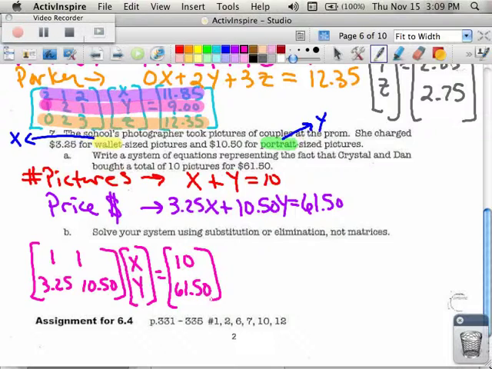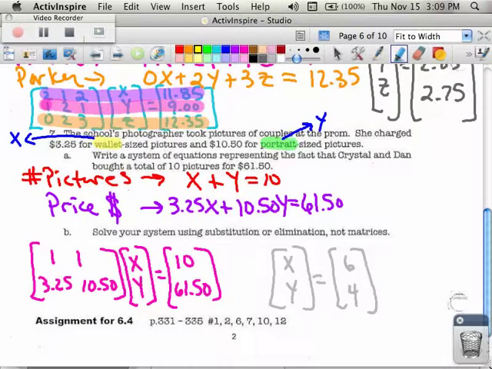And then if we solve this by putting this in your calculator, we're back to the 2 by 2 matrix and the 2 by 1 matrix, and what you end up finding out is that your x and your y are 6 and 4, which means that they got 6 wallets and 4 portrait size pictures.